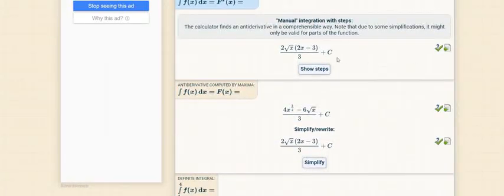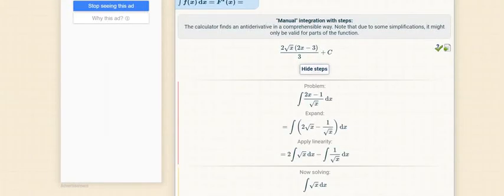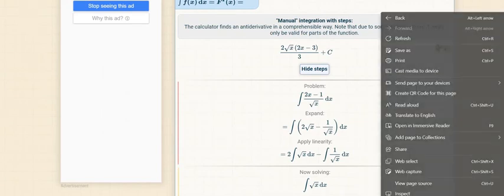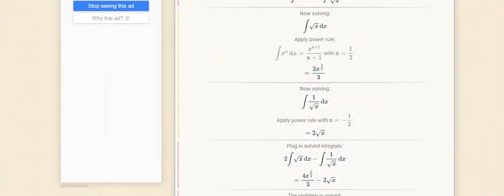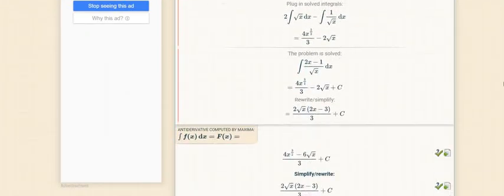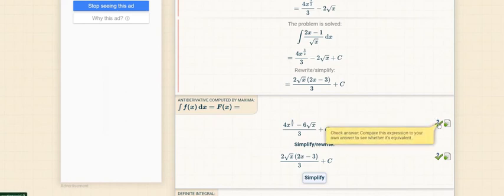If we need to show the steps here, it can show us the steps. It might use a different method, of course, but it can guide you sometimes. And also, if you have a different solution and you need to check it, you can compare this expression to your own answer.